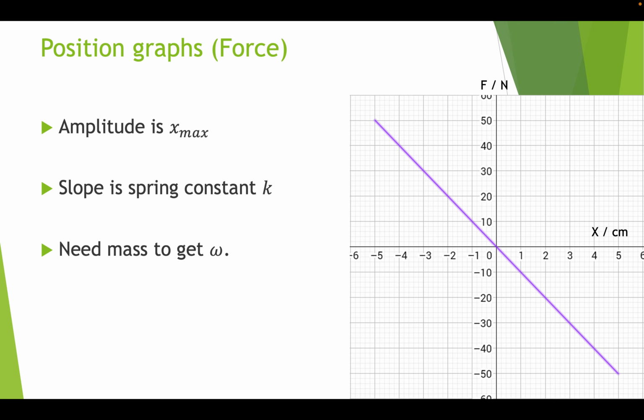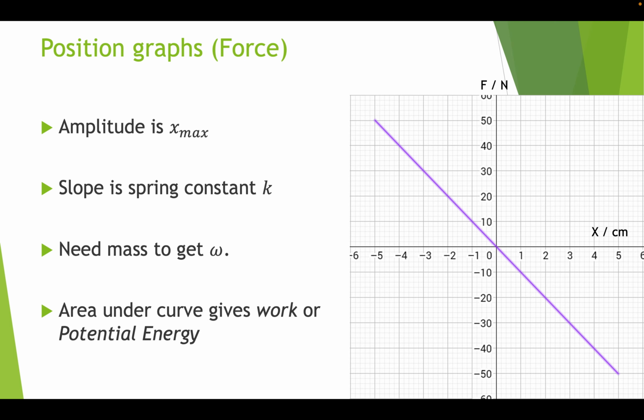So omega is equal to the square root of k divided by m. Just to continue that, if you wanted to get potential energy, you can, because potential energy is the area under the curve, because that's just work. Force times displacement, or integral of force with respect to distance.